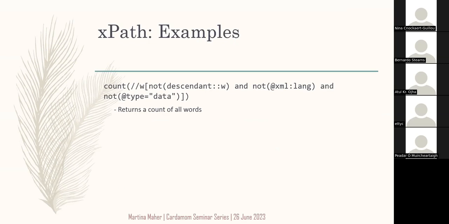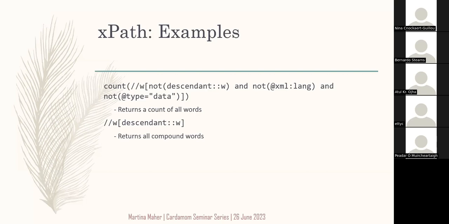XPath, just in case you don't know, is a bit like a file path, and that's used to navigate the tree structure of XML documents and return either a single piece of information or a single node or node set. And we would mainly use that within our development environment, Oxygen, to quickly find something we need to check or edit within those texts themselves.